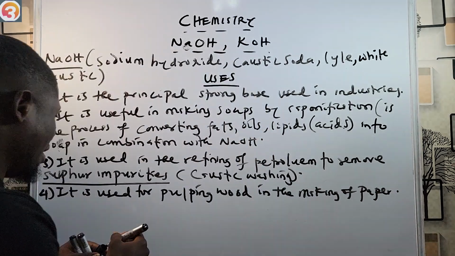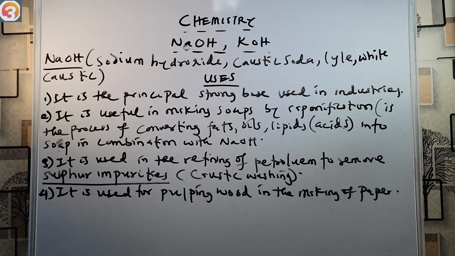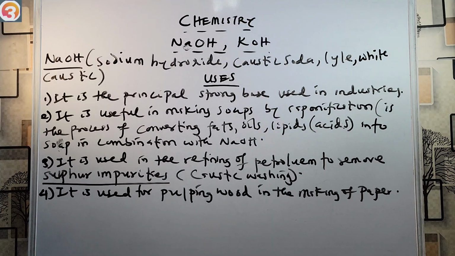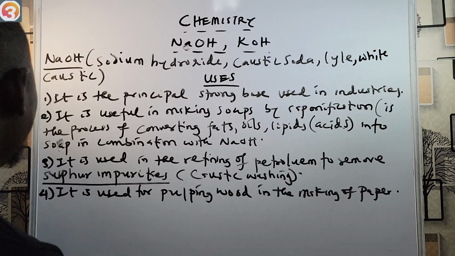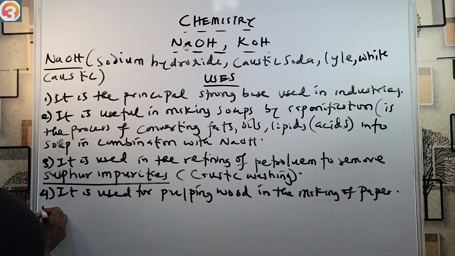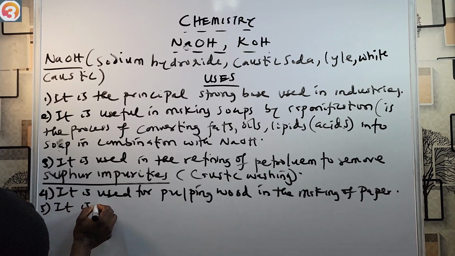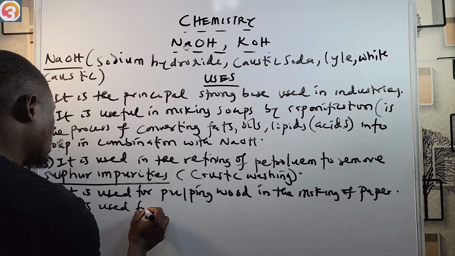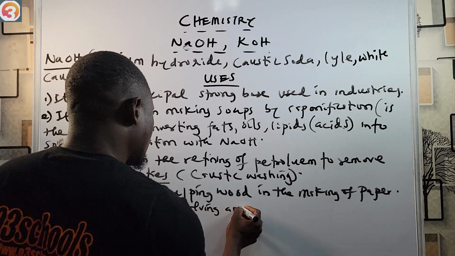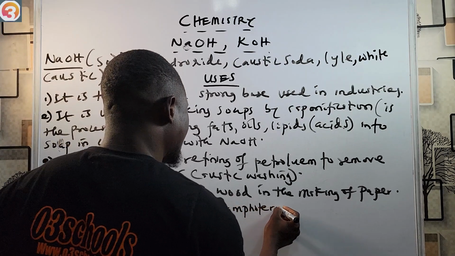So if you want to make paper, you have to pulp the wood first, right? So sodium hydroxide is very useful in pulping the wood in the manufacture of paper. It's also used for dissolving amphoteric metals. Number 5, it is used for dissolving amphoteric metals.